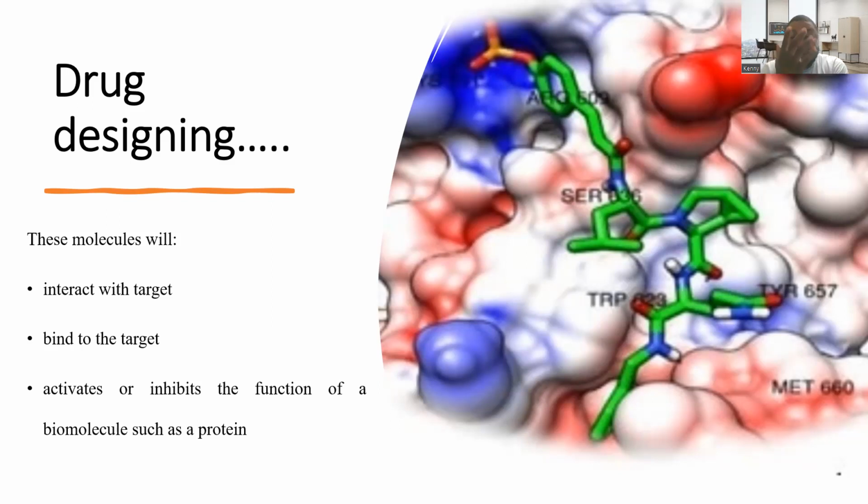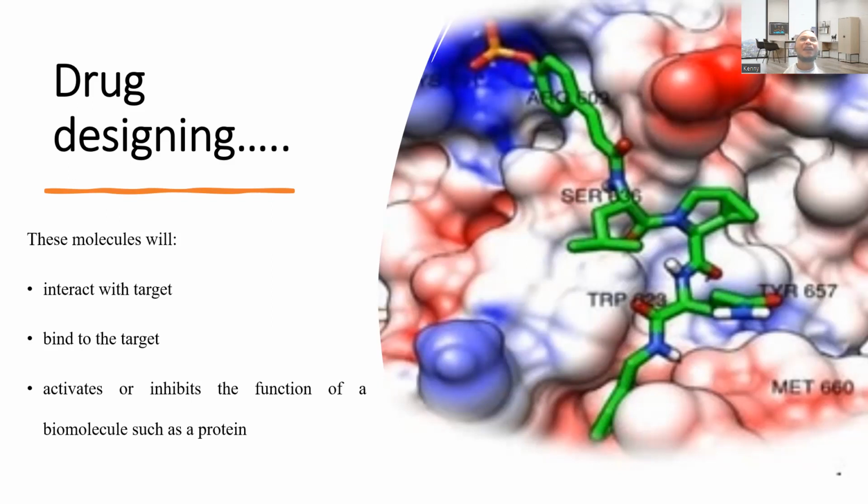When people are talking about Alzheimer's disease, studies have shown that when the acetylcholinesterase enzyme catalyzes reactions and produces more choline in the brain, it can result in Alzheimer's disease, right?